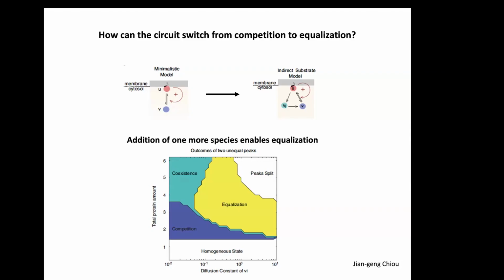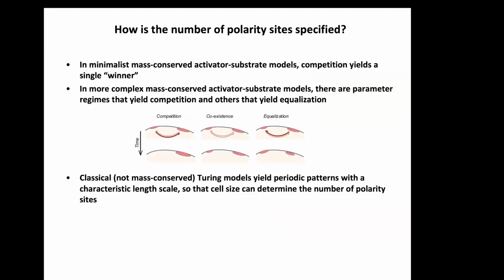So I'm reluctant to say we've shown which of those is true. Okay, so with these simple models, what we can say is that in a minimalist model, there's always competition for a single winner. In a more complex, similar type model, you can get different outcomes depending on parameters.